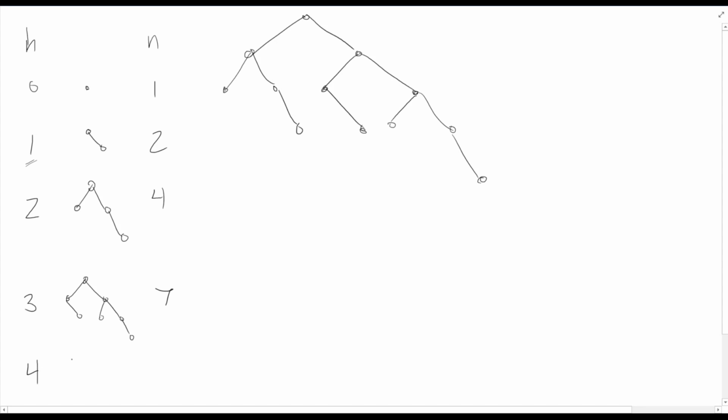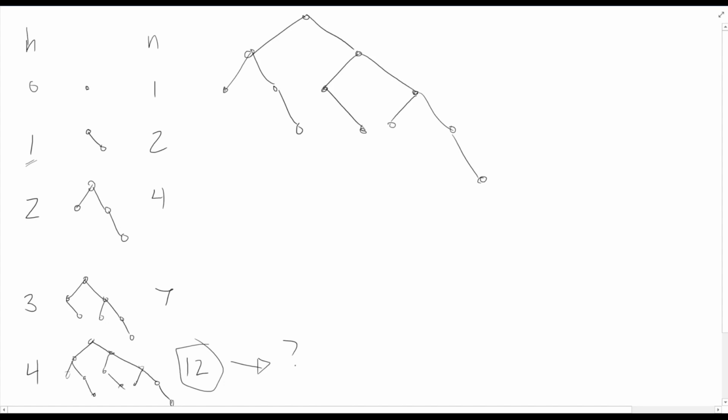I guess I need to know my pattern after this one since I ran out of space. Okay, let's count: 1, 2, 3, 4, 5, 6, 7, 8, 9, 10, 11, 12. 12 nodes. Any pattern coming out here yet?